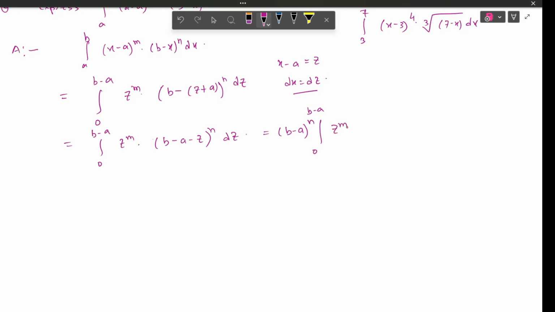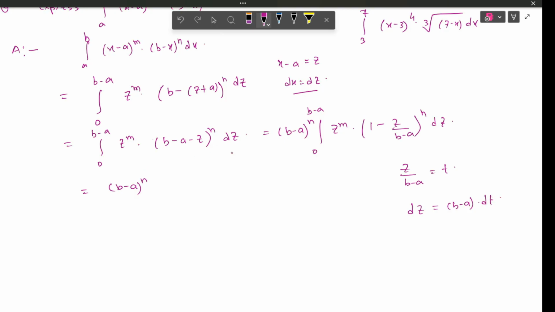Then it is z to the power m into (1 minus z by b minus a) whole to the power n dz. So this is (b minus a) whole to the power n, and now let us put z by b minus a as t. If you differentiate both sides with respect to t, then dz equals b minus a into dt.